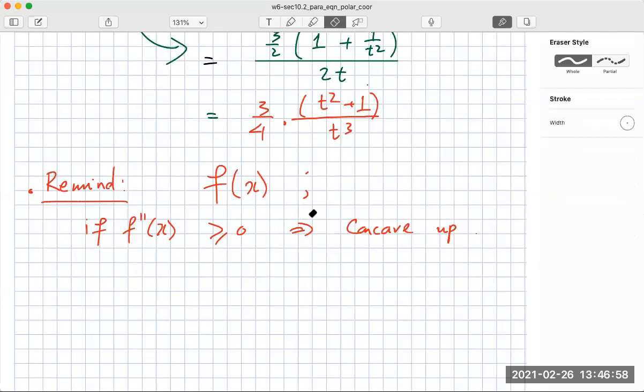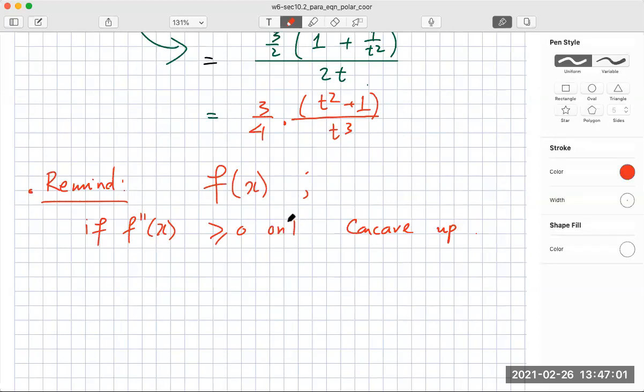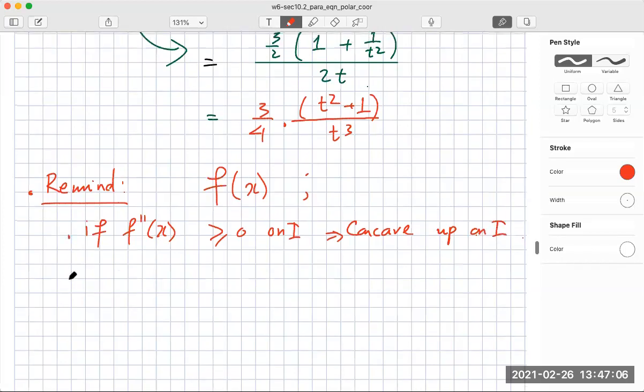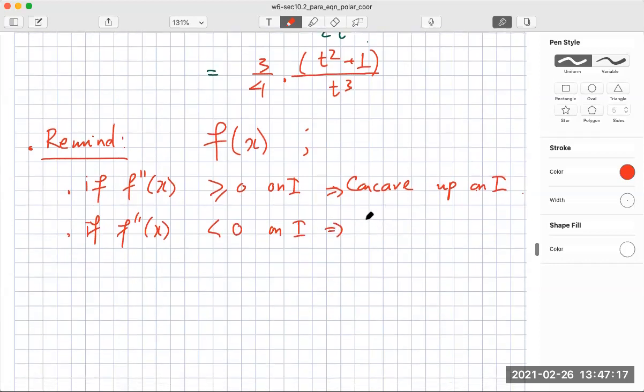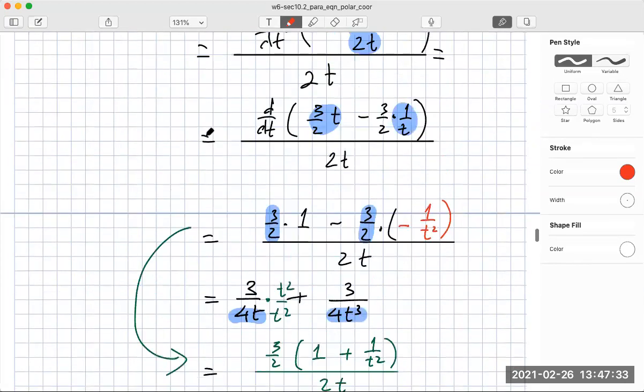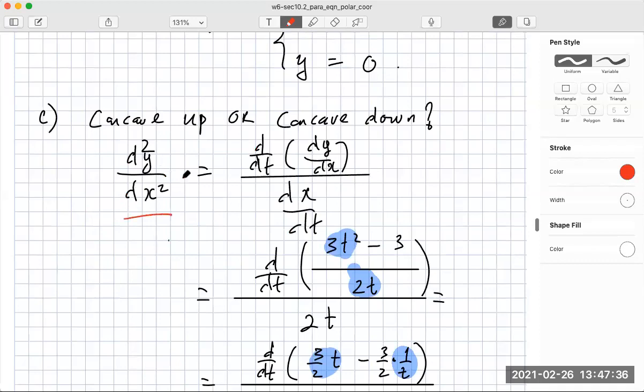And if the second derivative is negative on the interval I, then it will be concave down on I. So we have these properties. And what we found here is the second derivative of these curves, right?